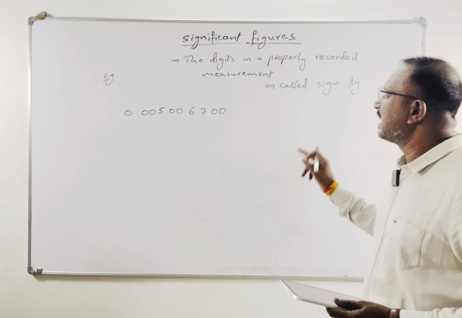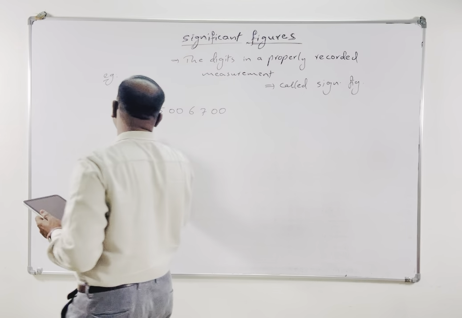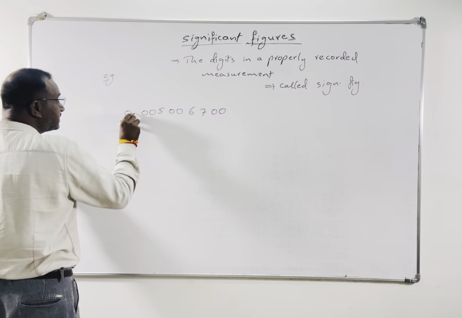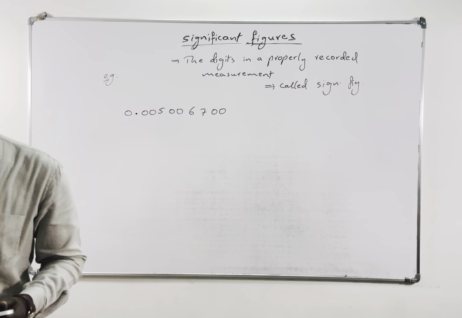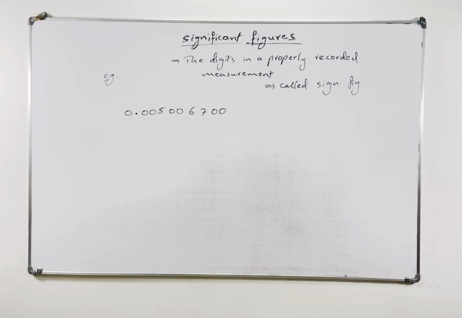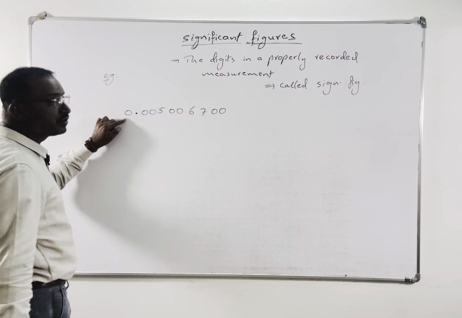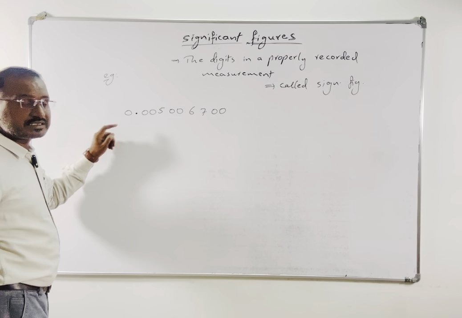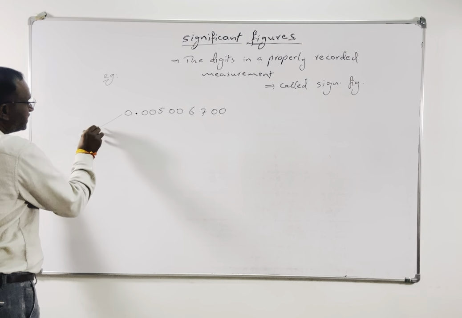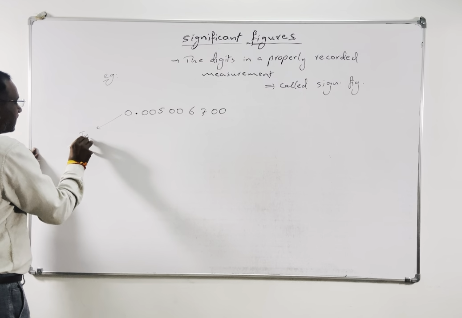First one: if any digit before the decimal point is zero, that is insignificant.